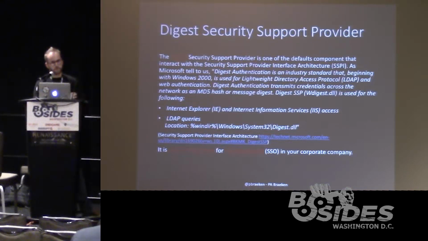We will attack the Digest security support provider, which is very interesting, because if you disable that, and Microsoft proposed as a solution to disable that in a company, you won't have SSO, so no SharePoint, nothing. So nobody disables this feature, because if you disable that, your company won't work normally.